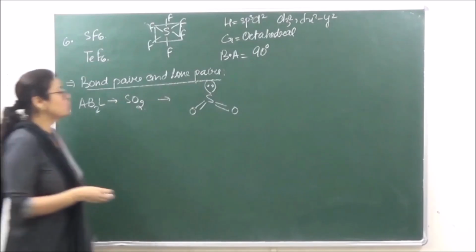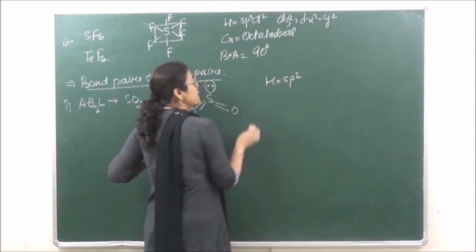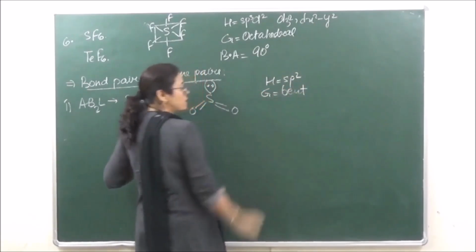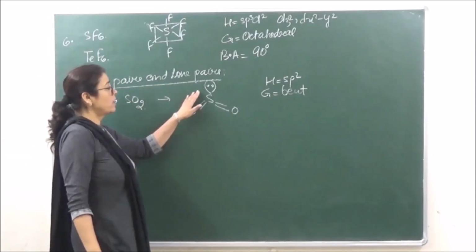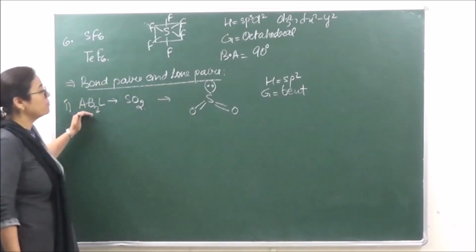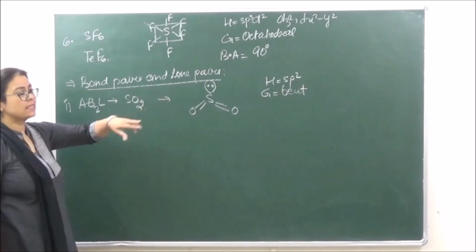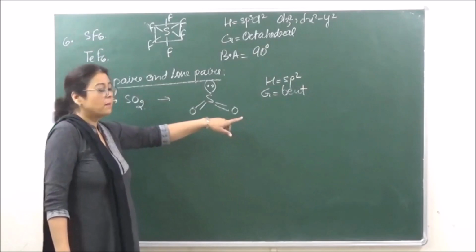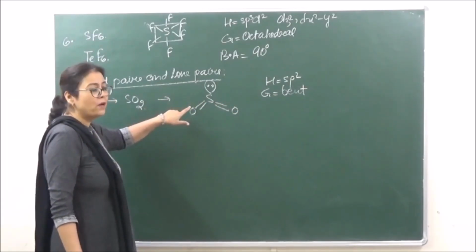Hybridization in this case is sp2. Geometry is bent. Now, because of the lone pair and bond pair repulsion, otherwise if you're talking of AB3 molecules in sp2 hybridization, as in the case of BF3, the geometry should be triangular planar. But here it is bent due to the repulsions between the lone pair and the bond pair.